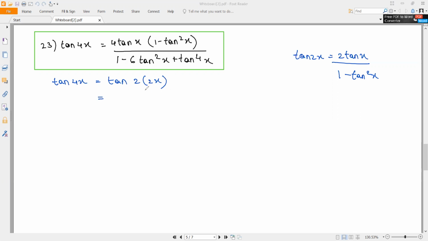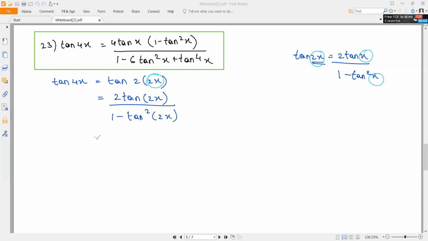Now, if here tan 2x is this value, that means if you have a double angle here, you have a single angle on the right hand side. So you're applying the formula, you'll get 2 tan 2x upon 1 minus tan square 2x.